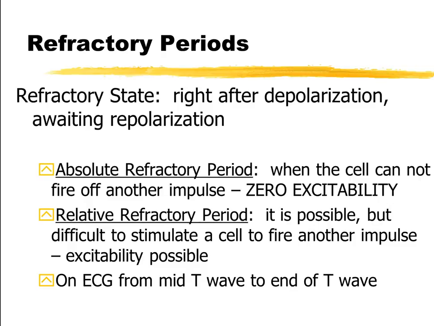The relative refractory period, it's possible, but it's difficult. It takes more of an impulse in order for that to fire, and so it's possible to do it, but you're not going to get a really great wave of depolarization. On the ECG, from the mid T wave to the end of the T wave, that's where this is.